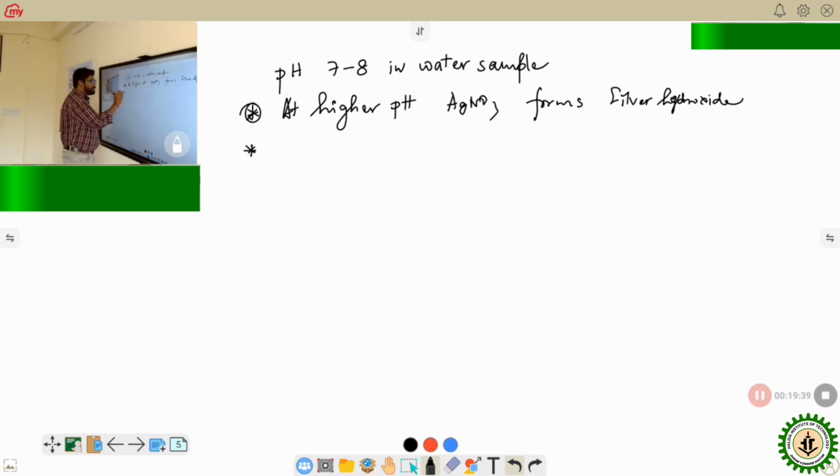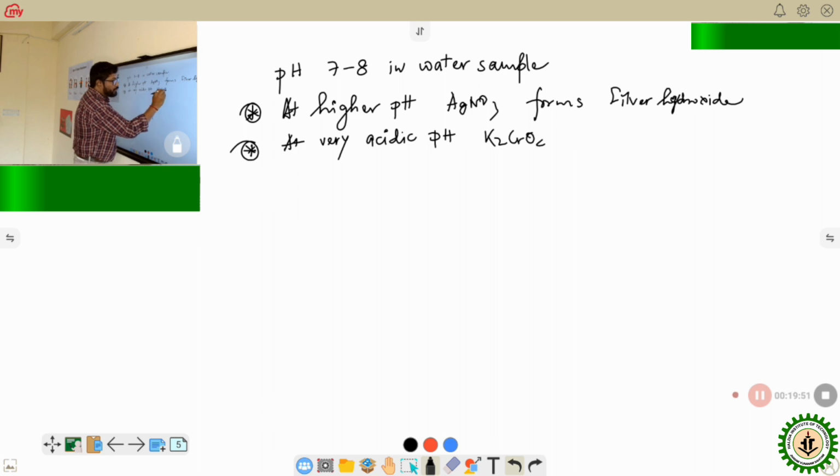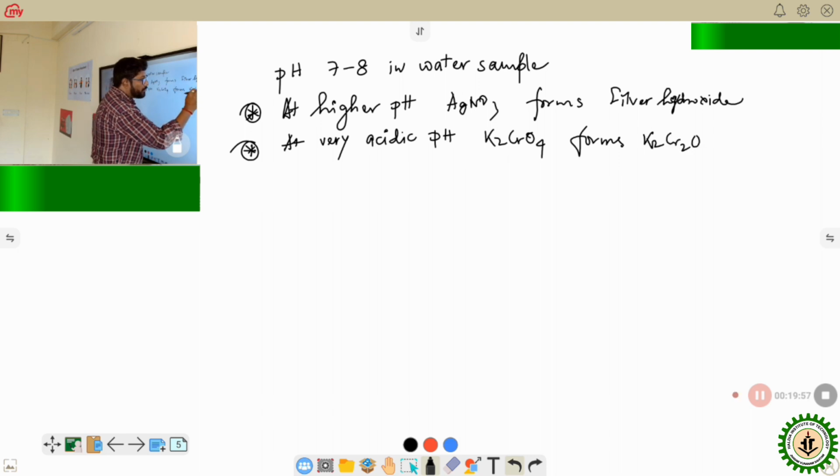And at lower pH, at very acidic pH, K2CrO4 forms K2Cr2O7. That's a redox reaction.